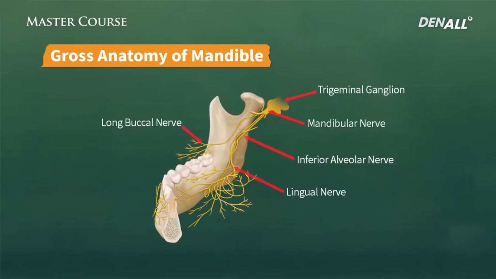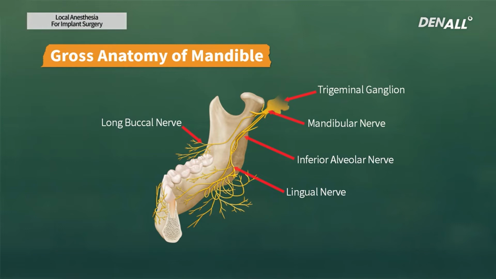The nerves of the mandible, as you know very well: from the trigeminal ganglion, the trigeminal nerve comes out, and its third branch is the mandibular nerve, which predominantly covers the mandible. The inferior alveolar nerve, lingual nerve, and long buccal nerve are the representative ones.